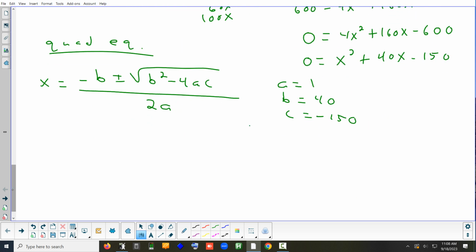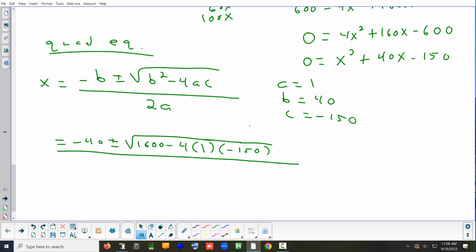Now, fill those numbers into the formula and see what we got. So we're going to have x equals negative b plus or minus b squared. Let's do that. What's 40 times 40? 1600. Good. Minus 4 times a times c, all divided by 2 times a, which is 2. Okay, so the last thing I'll do before we type this in is just simplify what's under the square root. Now, we're going to be subtracting a negative number.